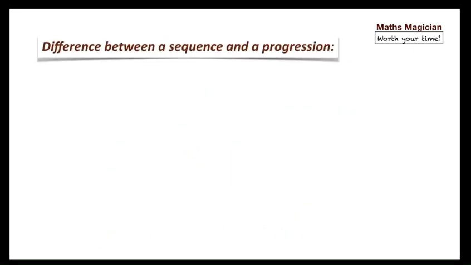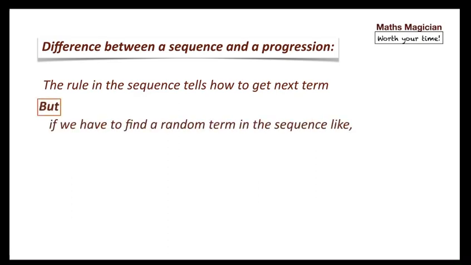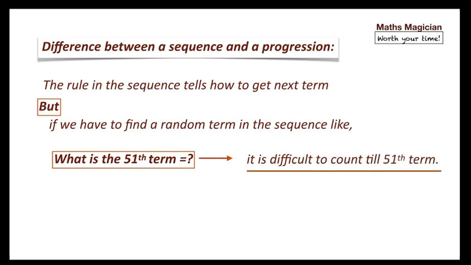Difference between a sequence and a progression. The rule in the sequence tells how to get next term. But if we have to find a random term in the sequence, like let's say, what is the 51st term? Then it is difficult to count till 51st term.